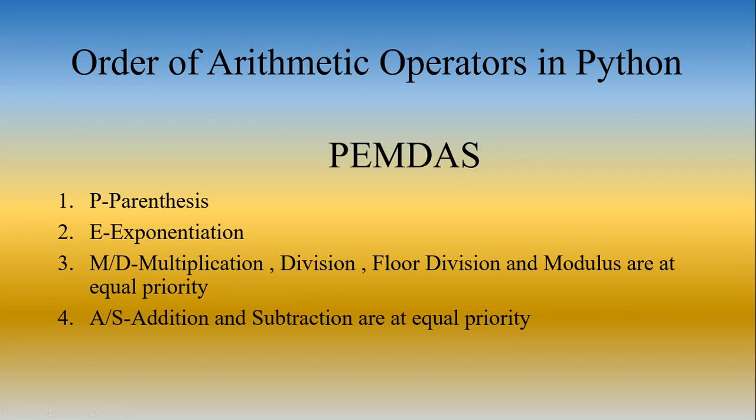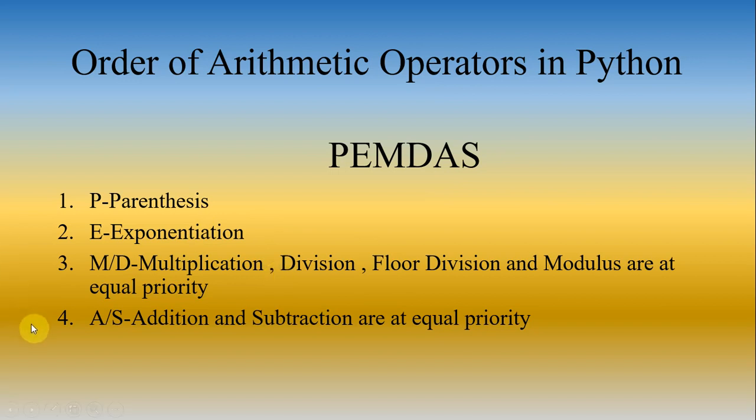If in an expression we have multiplication, division, floor division as well as modulus, then you might be having a question, then what should I do? If there is such a case, then we must go from left to right. I'll show you when we solve the examples.